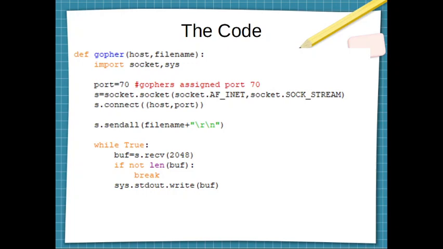Then it sends a request for a file name, and then we just cycle through that loop, writing out each line of the received file to the console. So that's all very simple. It shows you how really simple TCP can be in Python. It's nothing to write home about.